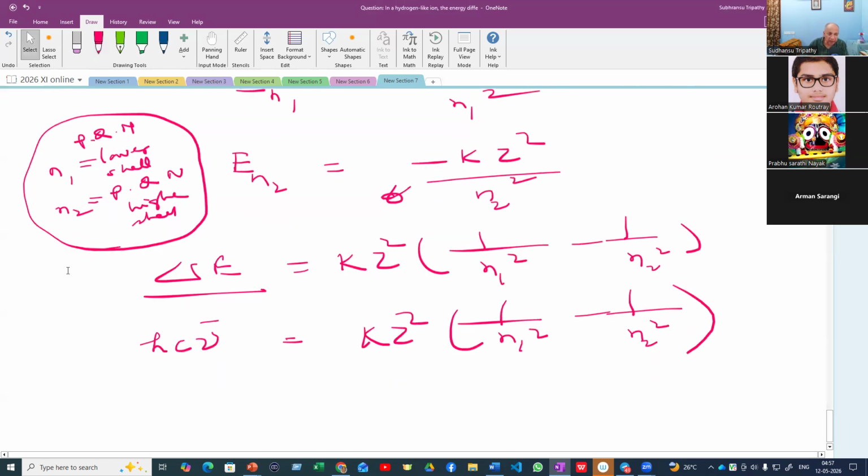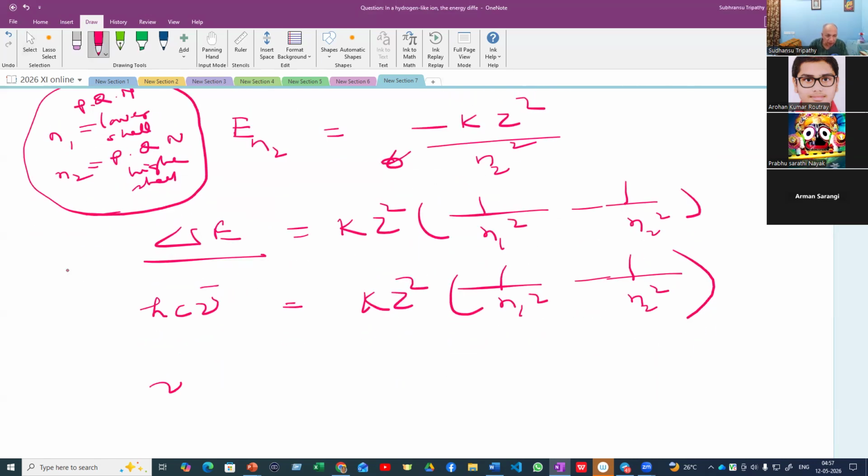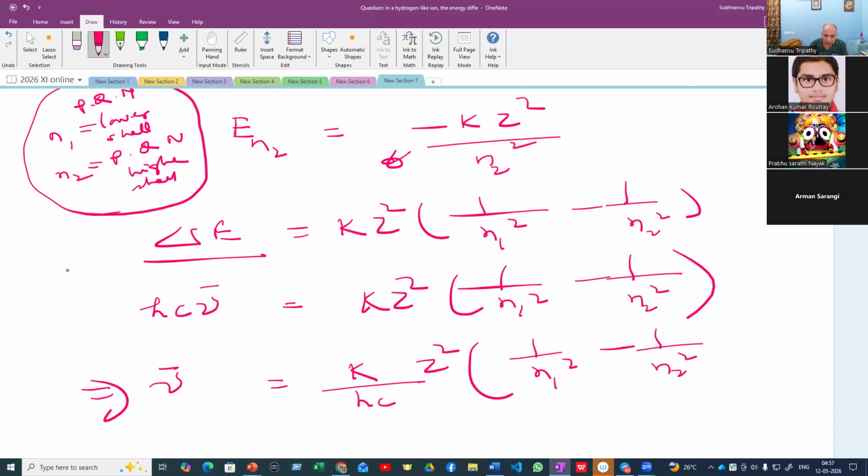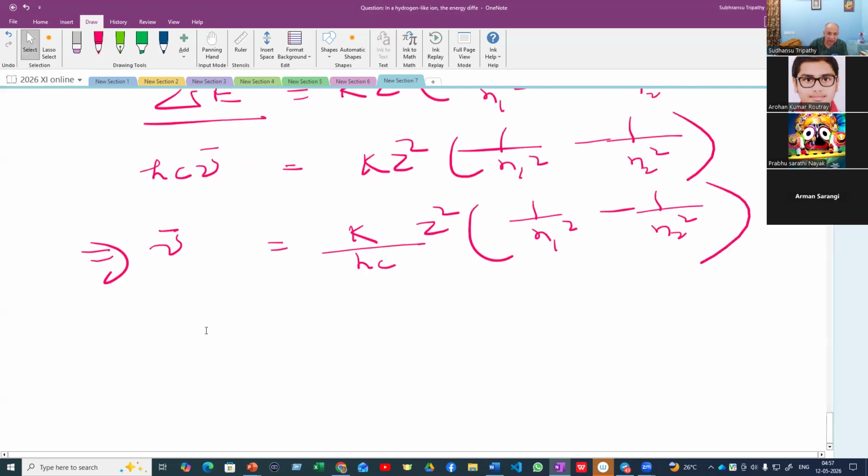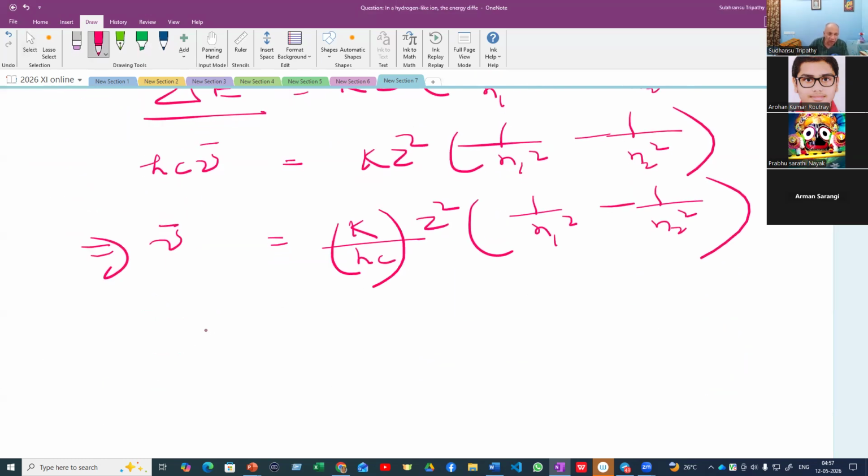So bringing hc to the other side, nu bar, the wave number, is equal to K by hc Z square times 1 by N1 square minus 1 by N2 square. And this K by hc is a constant called R, the Rydberg constant.